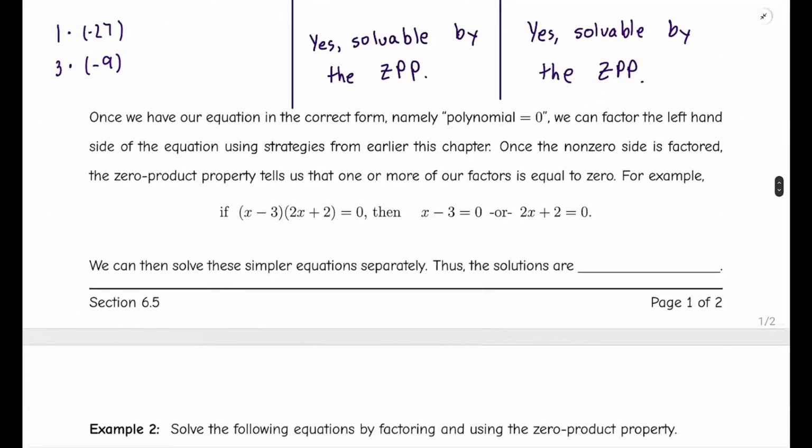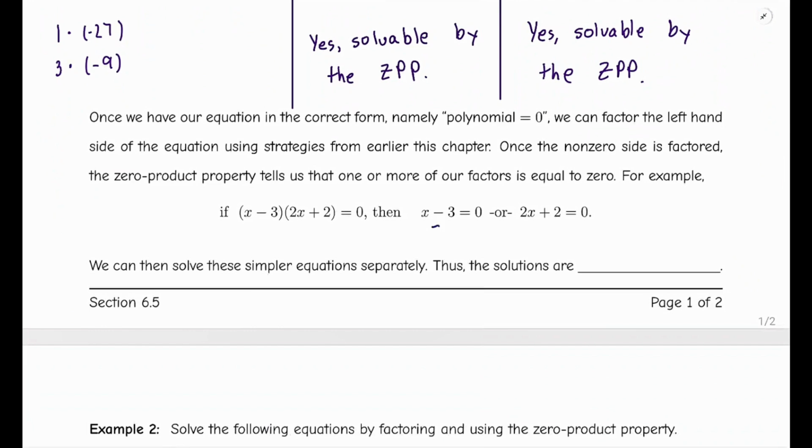Once we have our equation in the correct form, namely polynomial equal to 0, we can factor the left-hand side of the equation using strategies from earlier this chapter. Once the non-zero side is factored, the zero product property tells us that one or more of our factors is equal to 0. For example, if x minus 3 times 2x plus 2 equals 0, then x minus 3 equals 0, or 2x plus 2 equals 0.